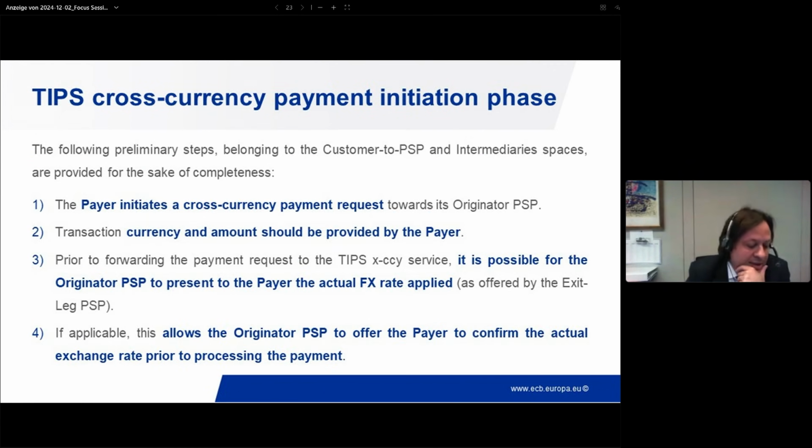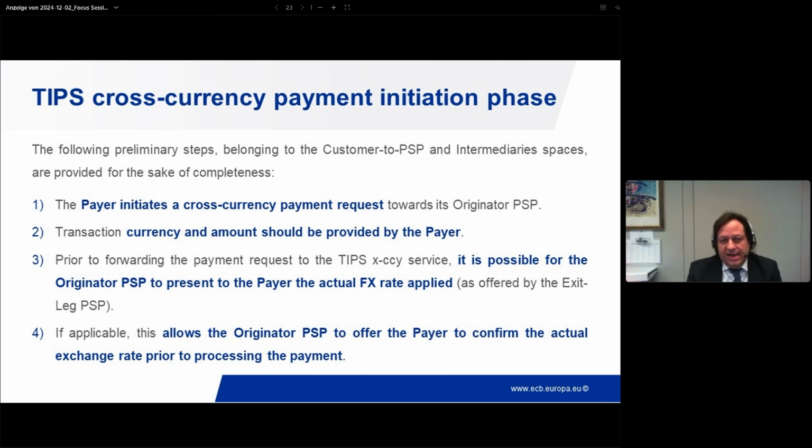In the next slide, we are deep diving into the initial stages of the payment generation. And here I'm describing a bit what is going to happen in the customer to PSP space.